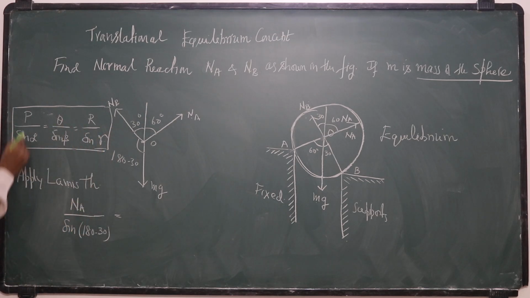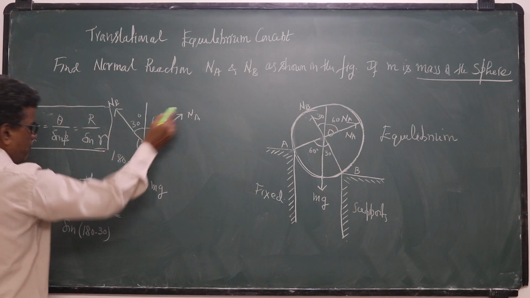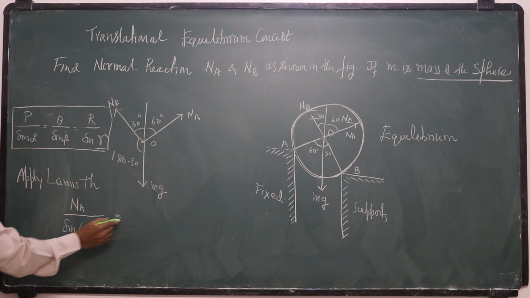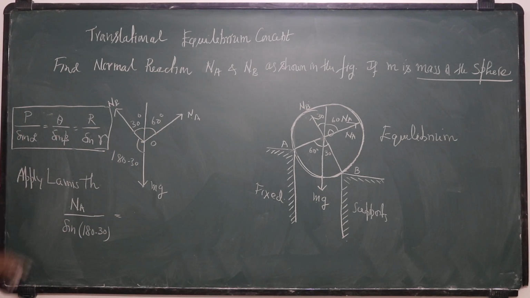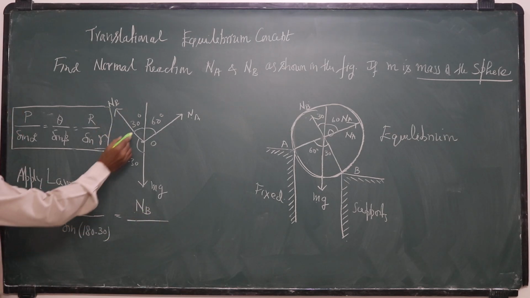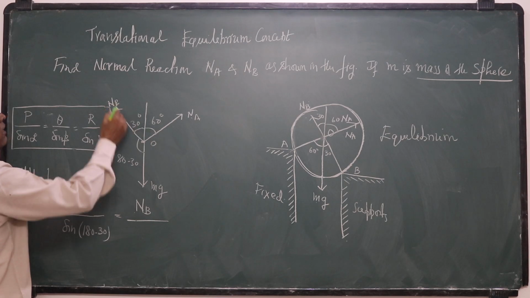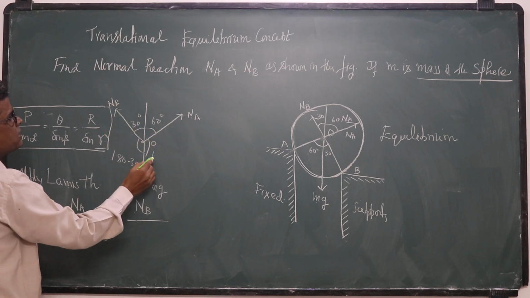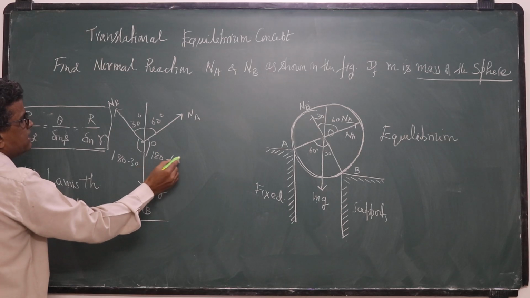So P I assumed as NA, by sine 180 minus 30, is equal to Q, NB, by sine of its opposite angle. The angle opposite NB is between NA and mg, 180 minus 60.